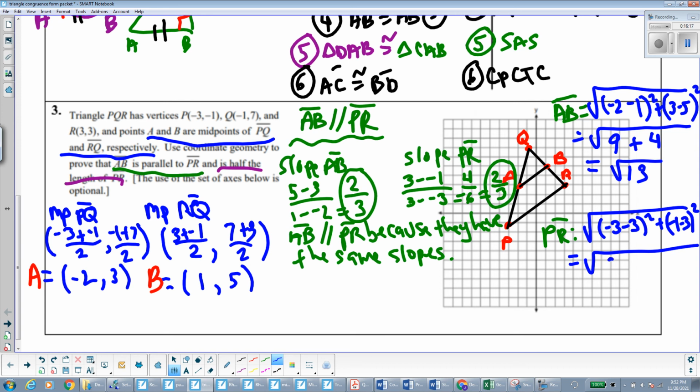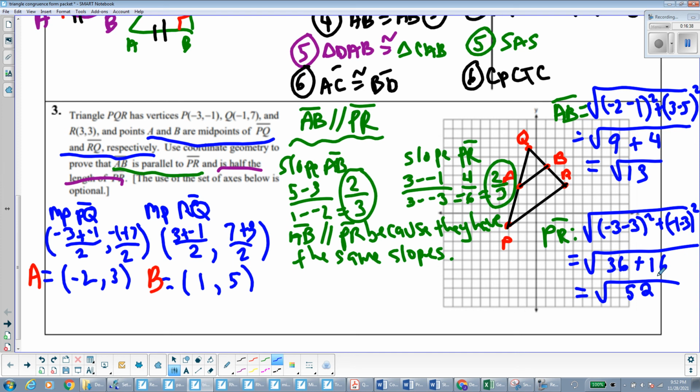Squared is 36. Plus -1 minus 3 is -4. Squared is 16. 36 plus 16 is 52.